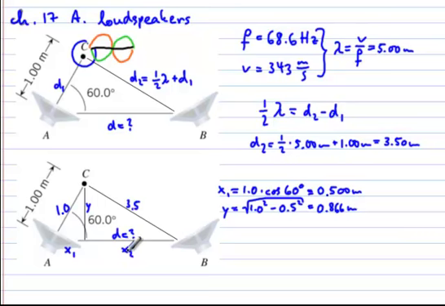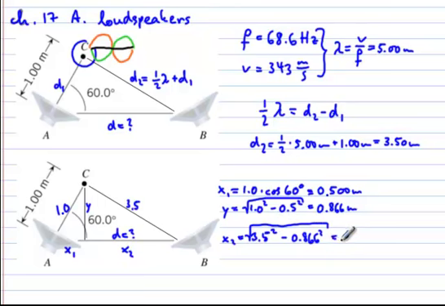And then in order to figure x2 out, I can again use the Pythagorean theorem in this part of the triangle. So x2 equals 3.5 squared. That was supposed to be a 3.5. 3.5 squared minus that 0.866 squared. Take the square root.